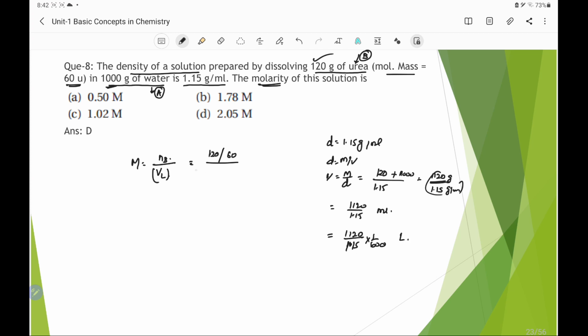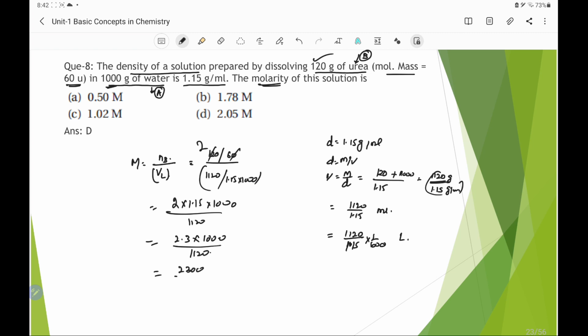Therefore, substituting the value of V, we will have 2 into 1.15 into 1000 by 1120, or on multiplying, it is 2.3 into 1000 divided by 1120, or it is 2300 divided by 1120. On simplifying we will have 2.05. This is the molarity of the solution, so option D is the correct option.